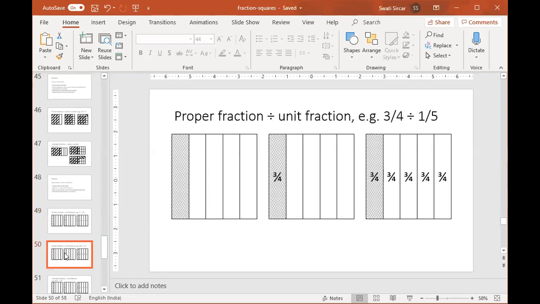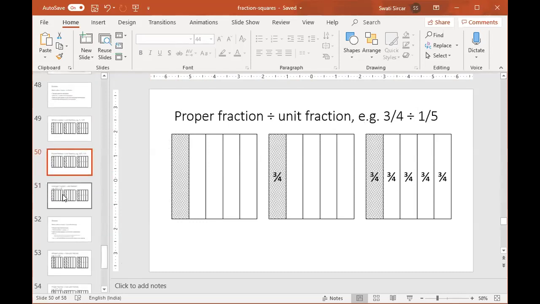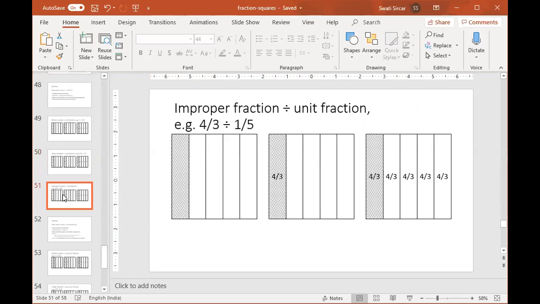The divisor really doesn't make a difference, whatever it is. In this case, it was a whole number and it got multiplied by 5. In this, it's a proper fraction which got multiplied by 5. And if it was an improper fraction, same. It got multiplied by 5.